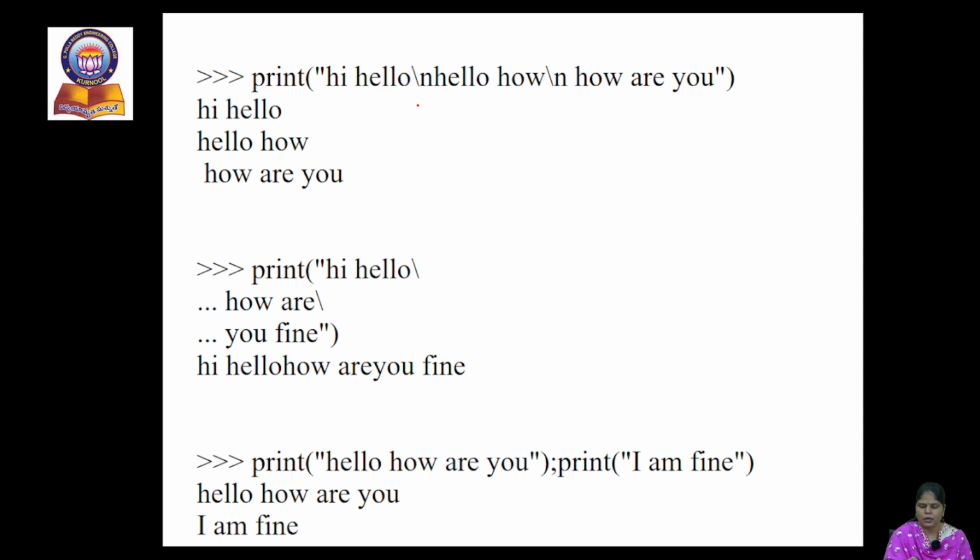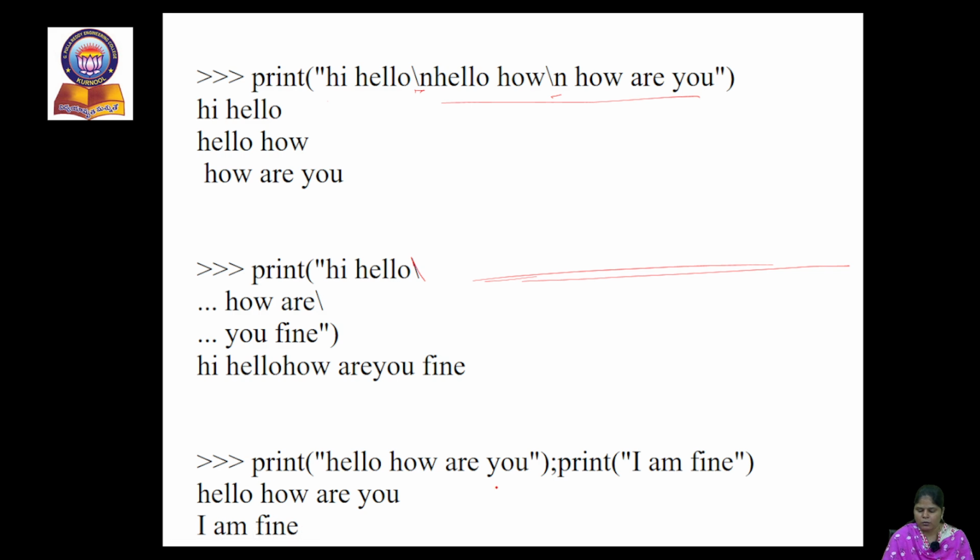So the simple programs are the same as what I have explained before. Here, hi, hello, slash n: now it has divided the single line into multiple lines. Wherever slash n is seen, it will cut the line into parts. Now continuation: instead of writing everything in a single line, based upon space convenience, I can mention the slash so that it goes to the next line where I can type whatever statements I want.